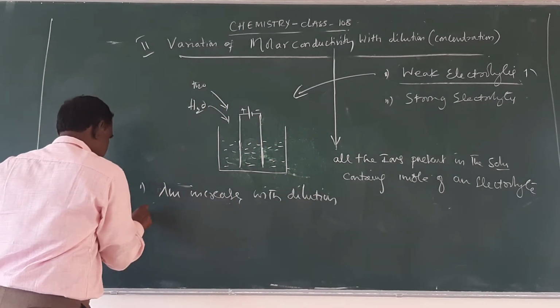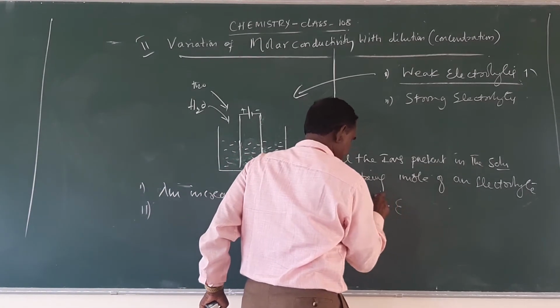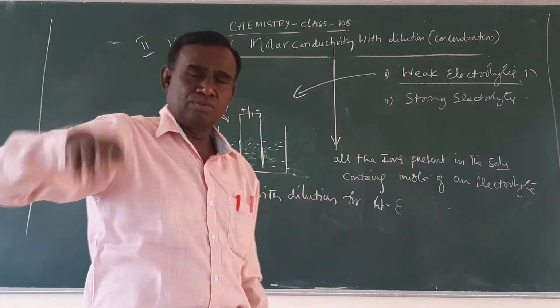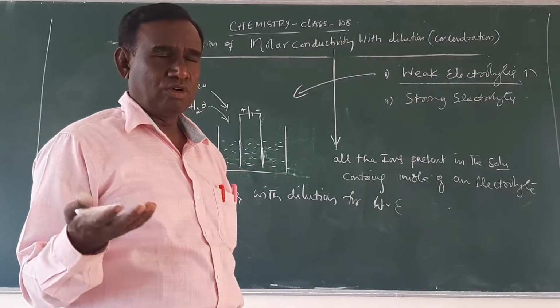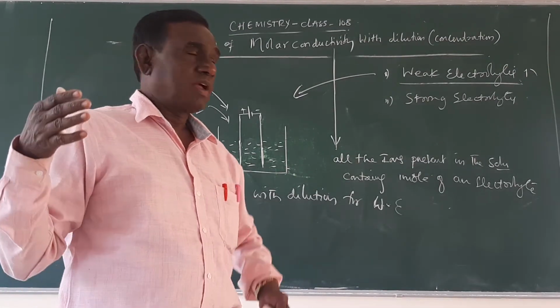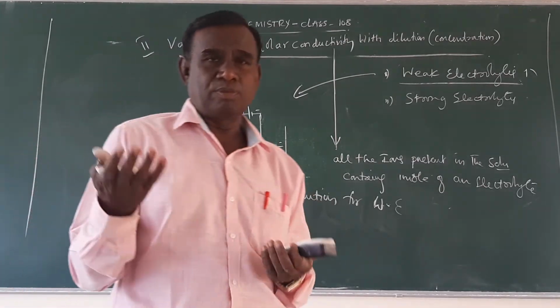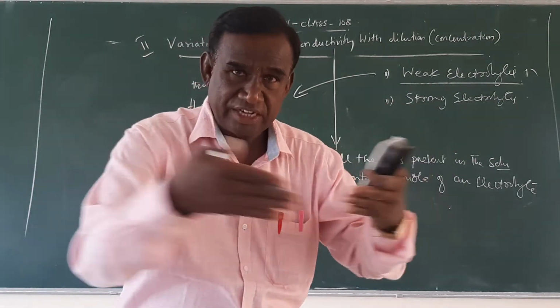This is for weak electrolytes. Because in the weak electrolyte solution, as water is added more and more, the undissociated molecules also dissociate more and more, giving more number of ions. Generally, conductivity mainly depends upon the total number of ions present in the solution and the mobility of ions present in the solution.